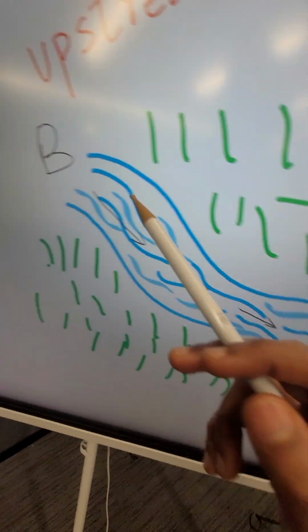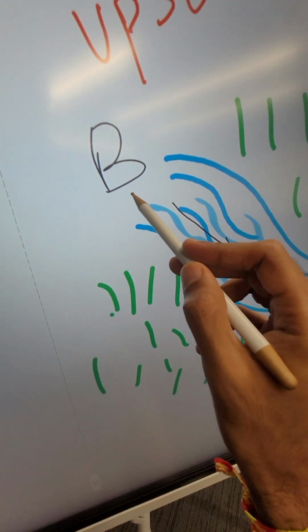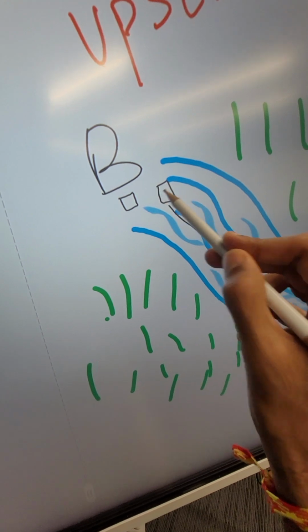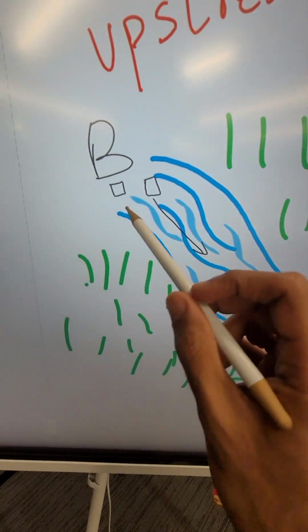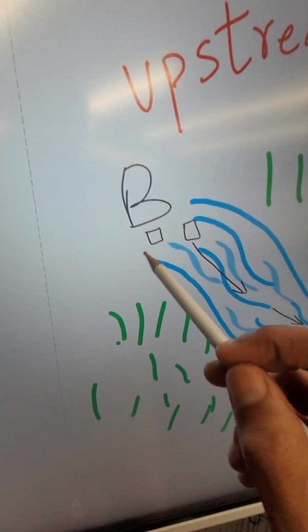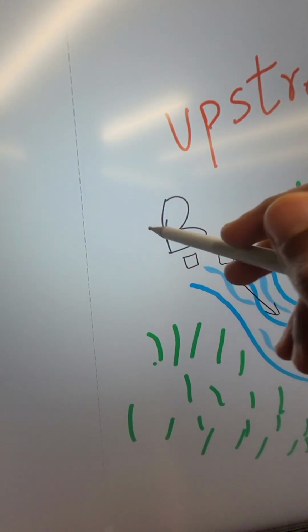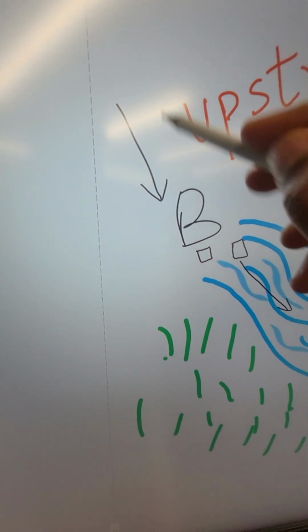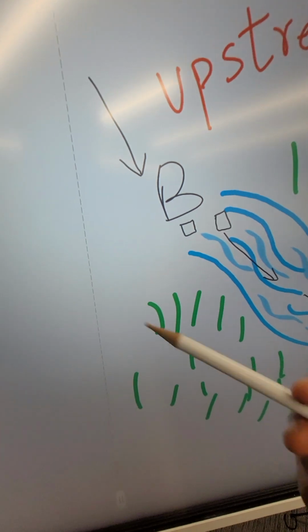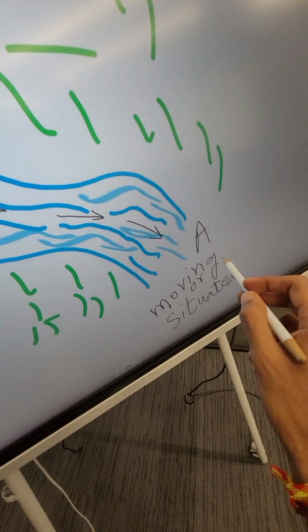So for A, B is upstream, so it's in this direction. It means data packets are flowing from B. B is either creating them, or forwarding them from someone, or processing and sending them, but data is coming from B and going to A, right?